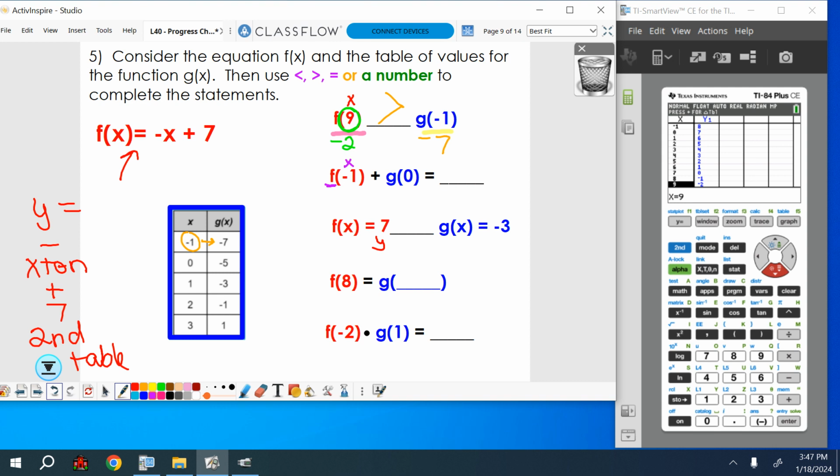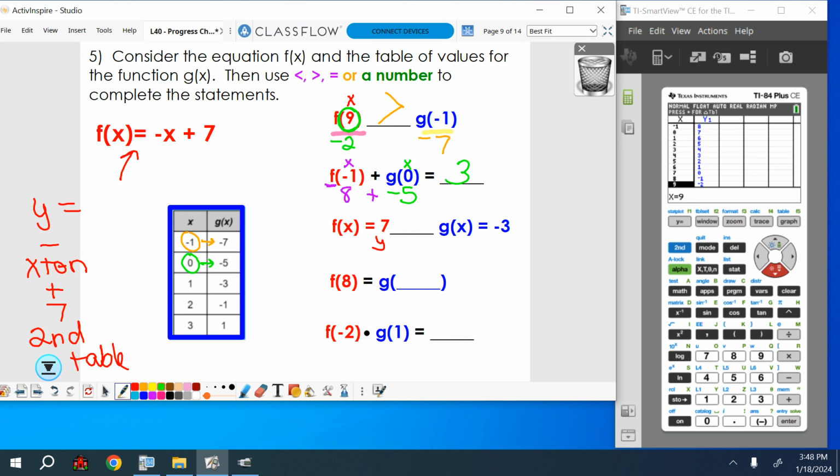When I look at negative 1, I see my y value is 8. Plus, I'm going to look at my table that I have here. When x is 0, my y value is negative 5. And now I'm going to do this problem, 8 plus negative 5. If you need to use your calculator for that, you can. But 8 plus negative 5 is just 3.